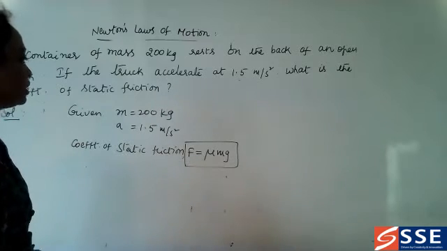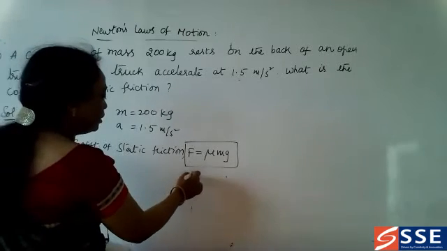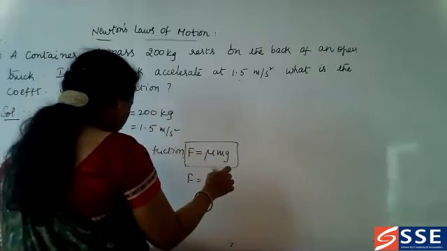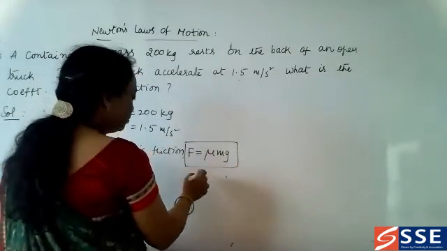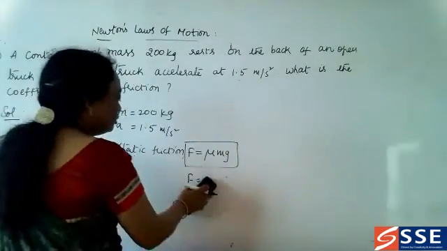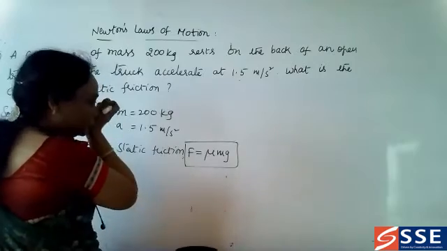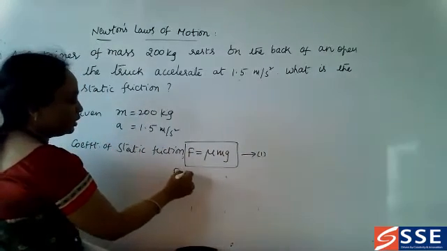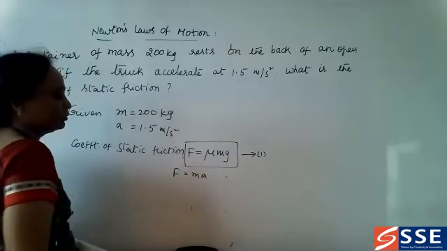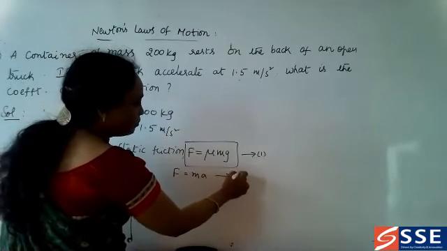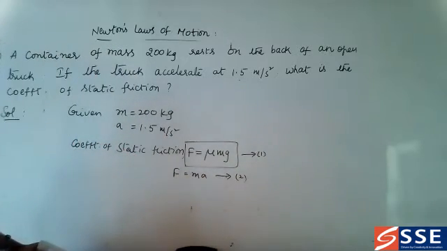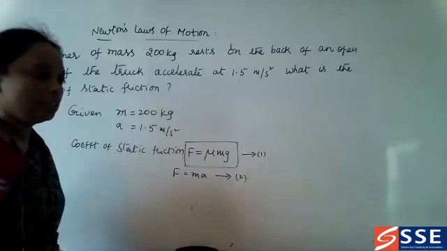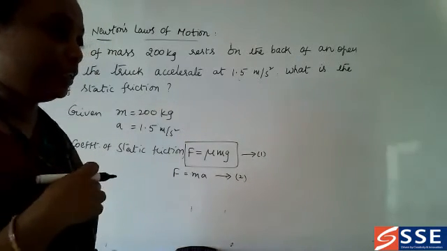Substituting all the values here, F is equal to mu mg. This is equation 1, and we know that F is equal to ma. So from equations 1 and 2, you can cancel m.